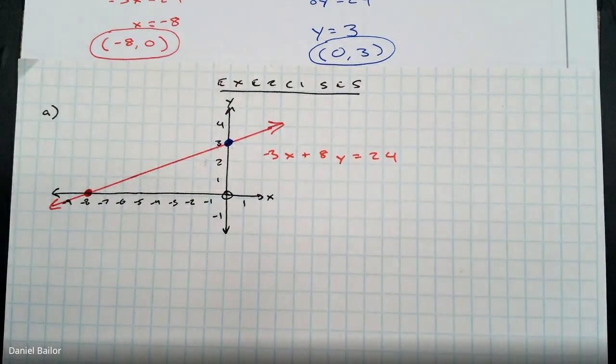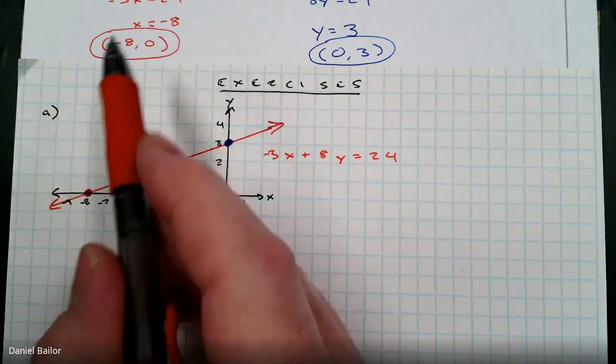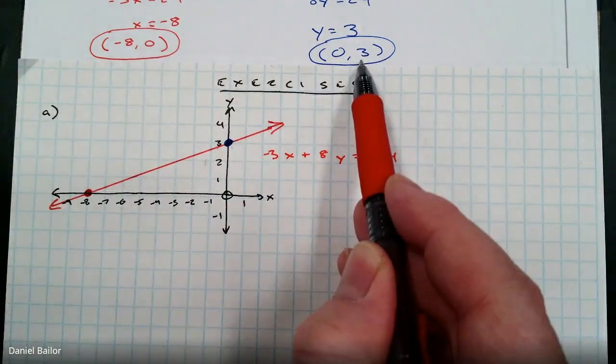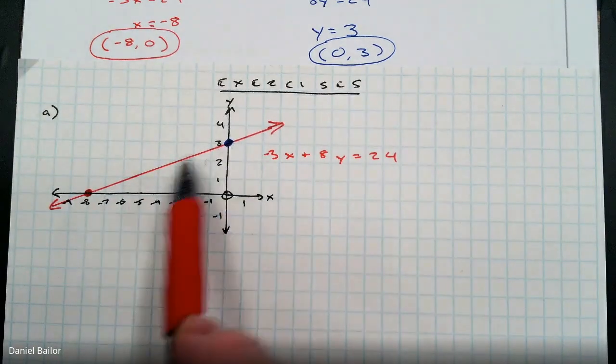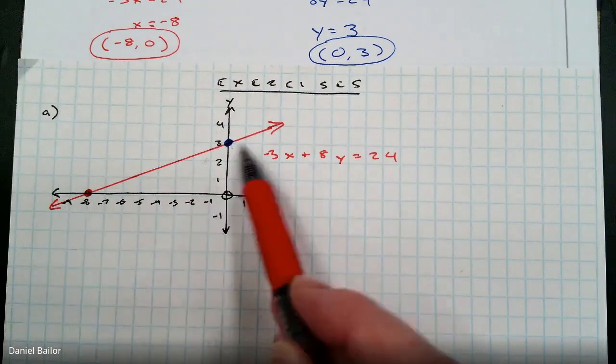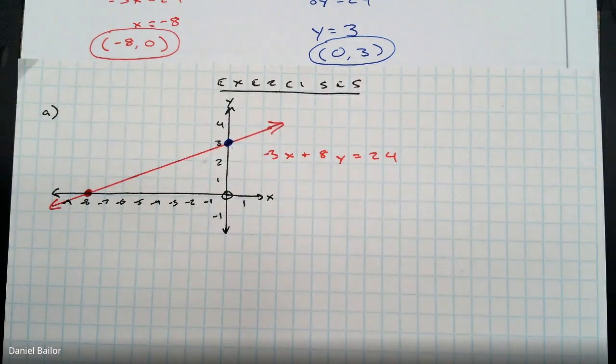That is the graph for the equation. And that's how you graph it. You find the x-intercept, you find the y-intercept, you graph the 2 points, and connecting the 2 points makes the line you need. That's exactly what we're doing today.